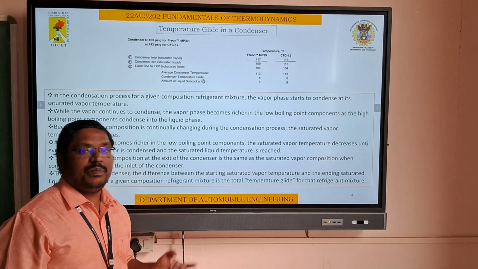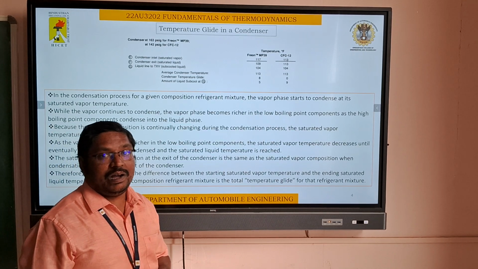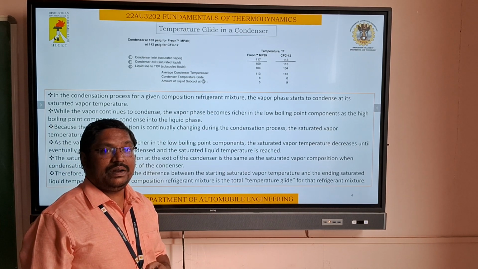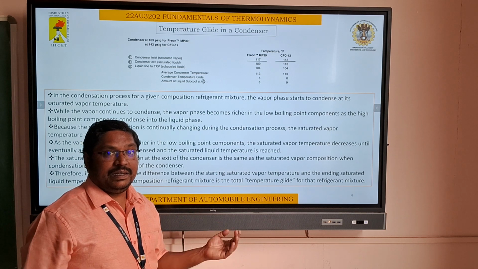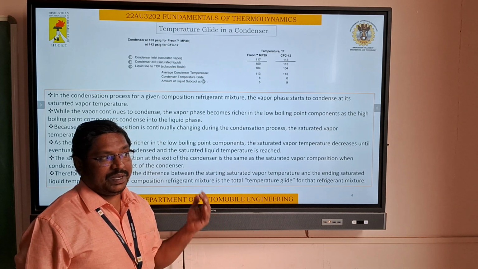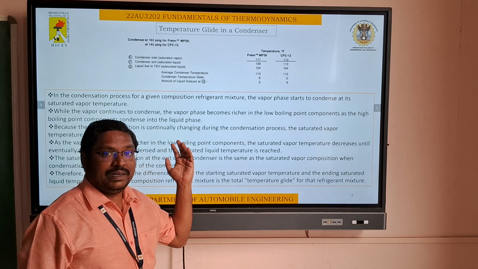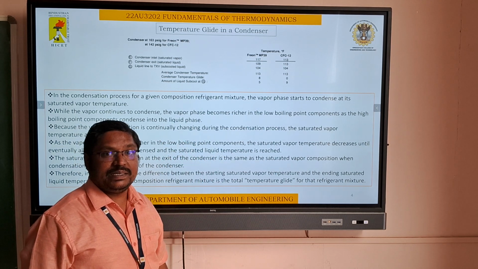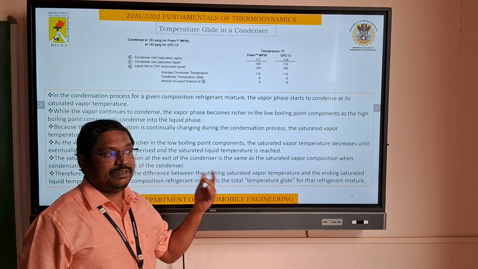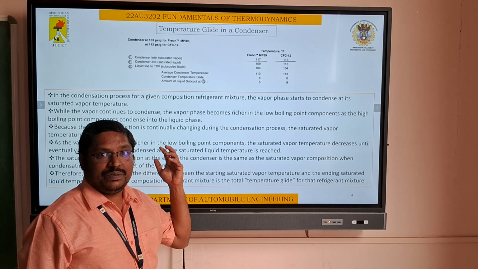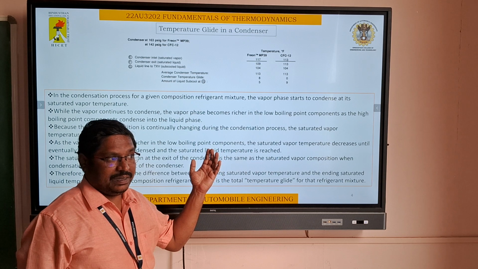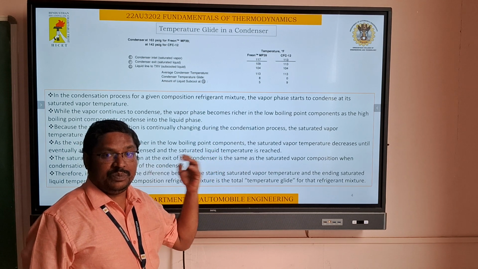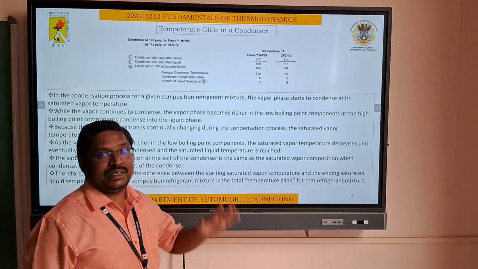So finally, with the help of this temperature glide concept, we can go for different applications, and at the same time, with the help of this temperature glide, some heat transfer takes place. And again, suppose we are using solar based concepts, some heat transfer improvement takes place with the help of this temperature glide.